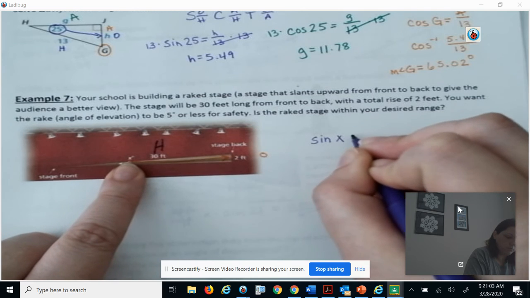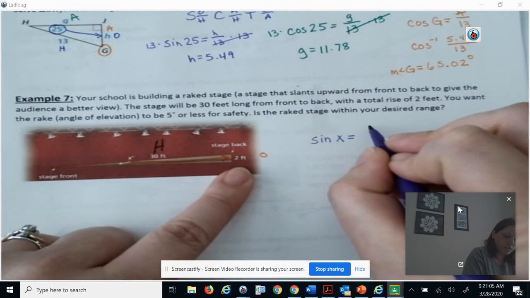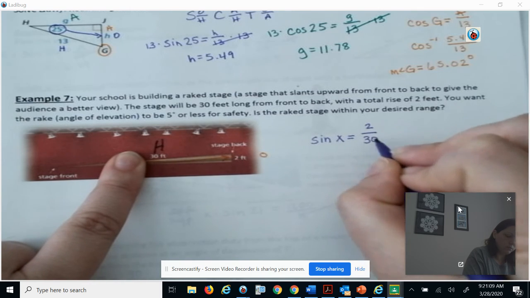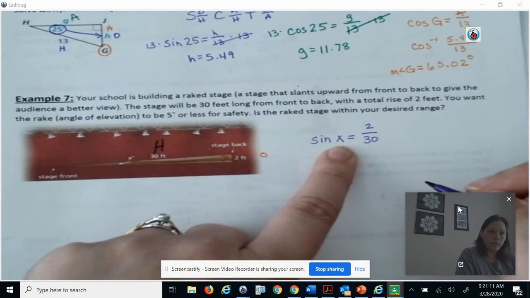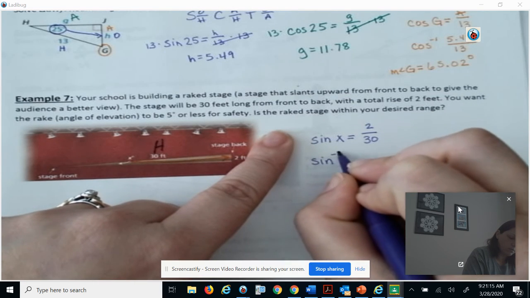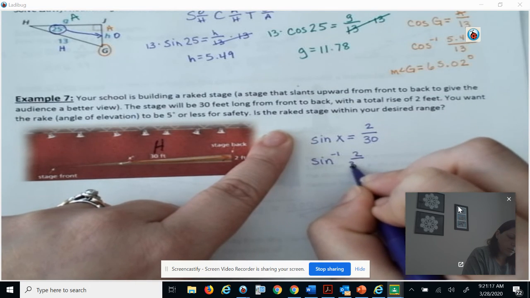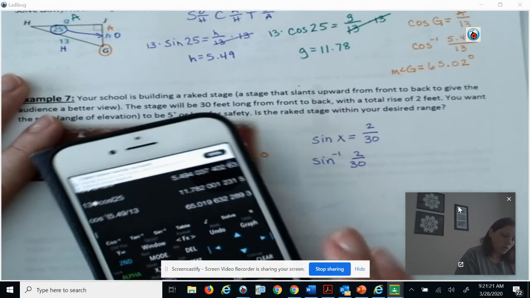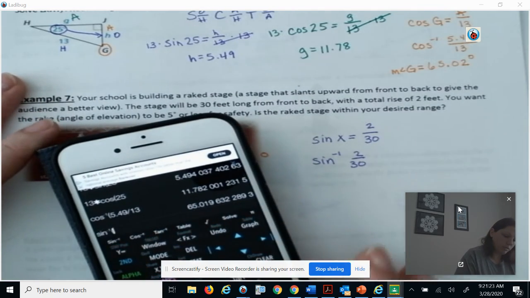X is the angle. Opposite is 2. Hypotenuse is 30. So to find that angle, we are going to have to use the inverse sine of 2 over 30. So second sine, 2 divided by 30.